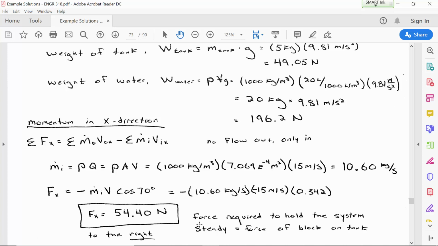I'm saying, no, that's the external force applied to hold the tank system steady. And then the direction is to the right. And so it was positive, which implies it's to the right, but then I've eliminated any uncertainty by also below that saying its direction in words. Any questions about that first part in the horizontal direction?